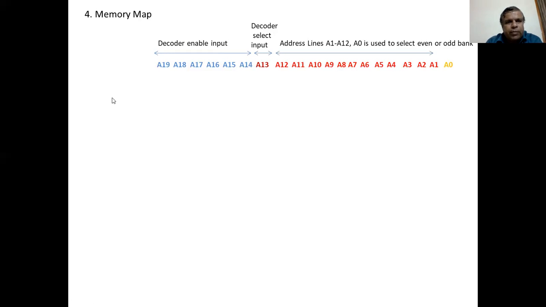They are constants, the constant part of the address pins. So A13 is the select part of the address lines, and A1 to A12 go to the ROM or RAM IC chip. And the A0 address bit selects the even or odd bank. Then you have to determine the address range of both ROM and RAM.